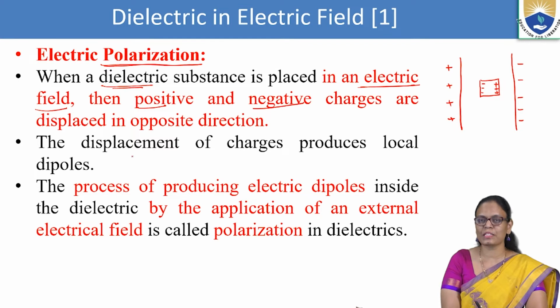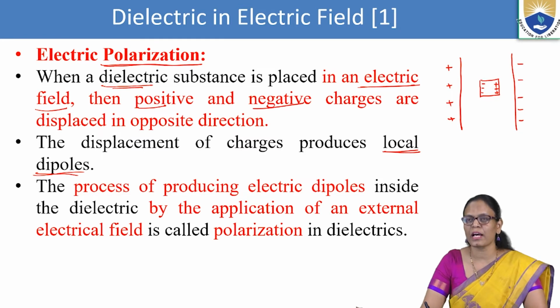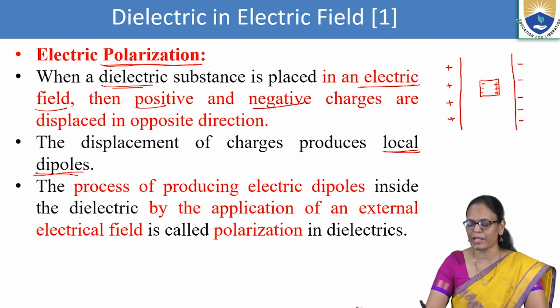So this displacement of charges produces local dipoles. Dipoles are nothing but equal and opposite charges separated by a distance. So I can say this forms one dipole, this forms one dipole, and so on.